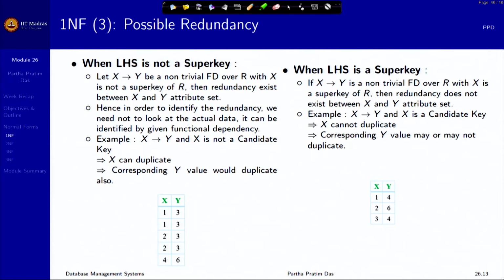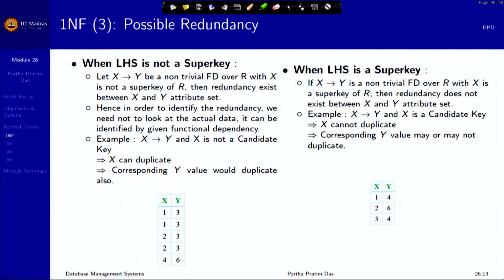So, if we just look at this in the functional dependency perspective, then we see that if X determines Y is a non-trivial functional dependency over R, where X is not a super key of R, then there will exist redundancy, because X is not a super key.